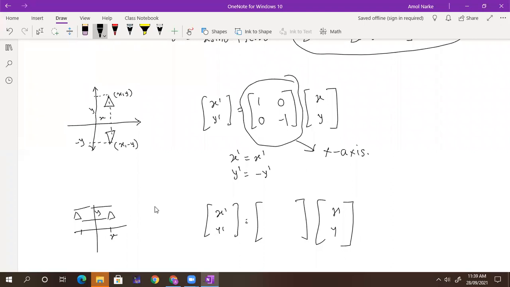So only x changes to minus x. So x dash is equal to minus x and y dash is equal to y. So what is that matrix? Minus 1 0, 0 1. Exactly. So this matrix is called reflection about the y-axis.